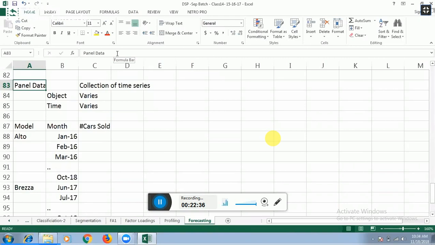Am I correct or not? So if I want to capture that information, I need to capture the effect of one model's sale on the other. If I want to capture these effects, I need to analyze panel data. I can't analyze them individually, because then you will not be able to capture the effect of some other time series on this time series.